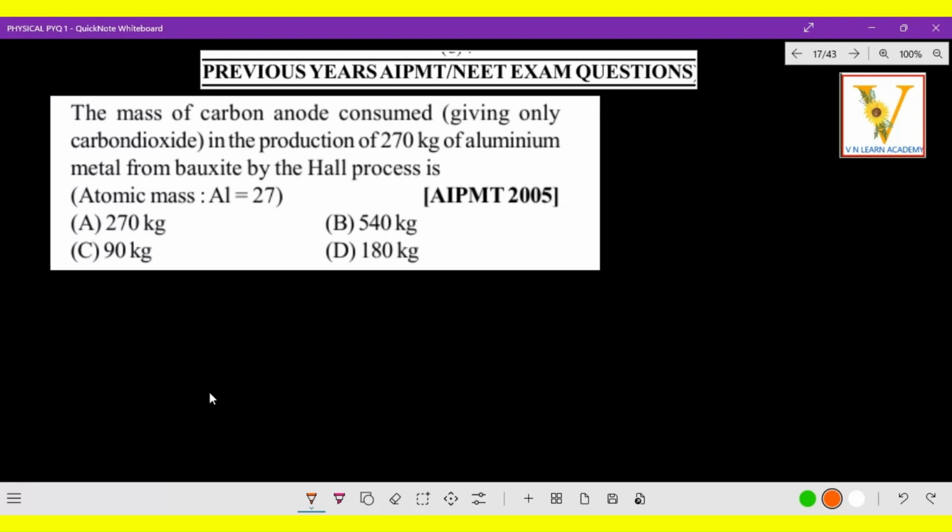Well and good. Okay, come on. Let us write the chemical equation so that it will be easy for us to understand. Bauxite, Al2O3, plus carbon, that is anode, consumed, gives aluminium plus carbon dioxide. Now balance that equation.